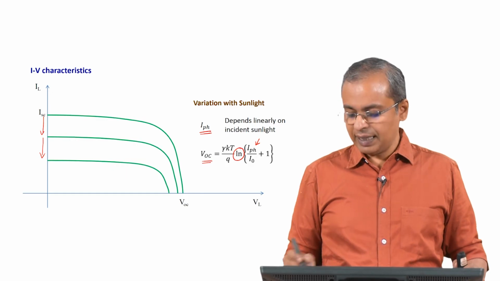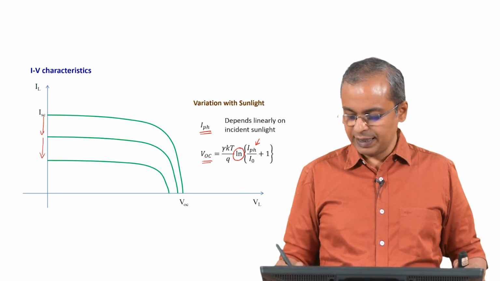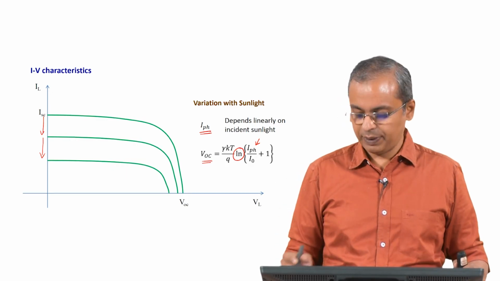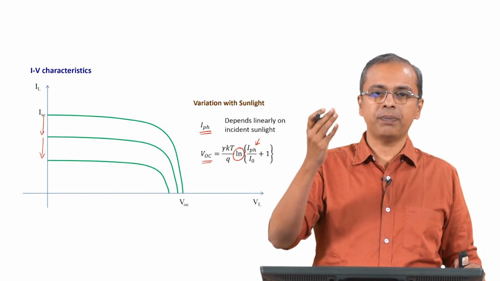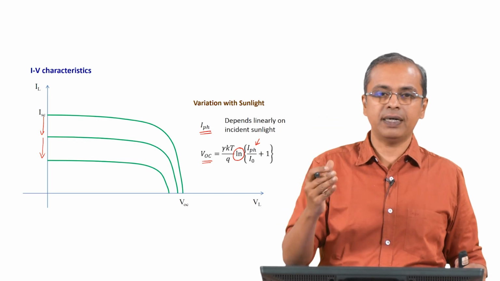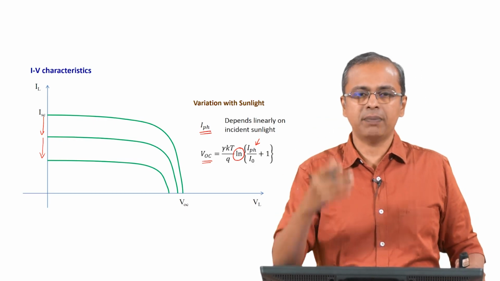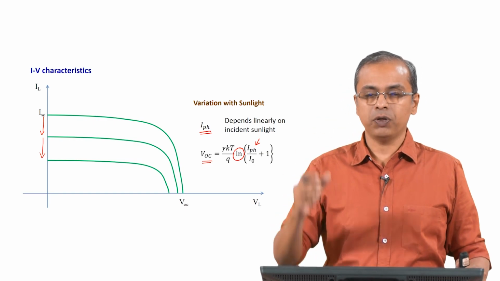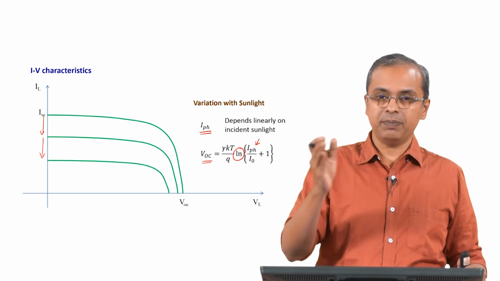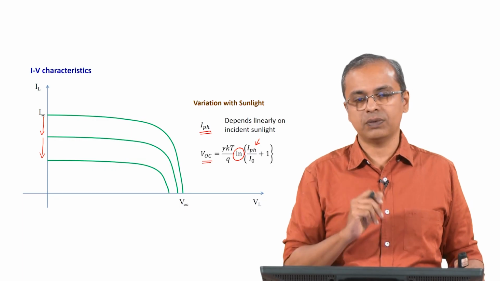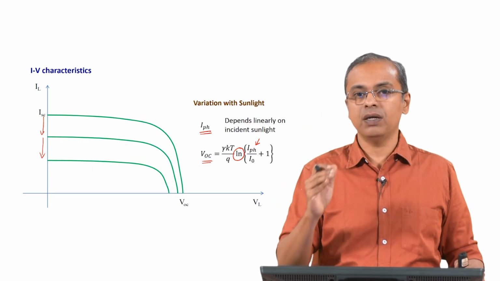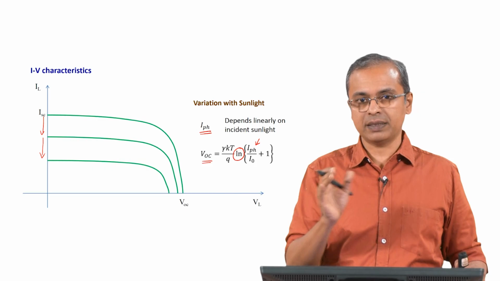Then, just for understanding's sake, let us ignore the 1 for the moment. What this means is, if the current drops by a factor of 100, say it was 100 amps and drops to 1 amp, because you have taken a log, that is basically a change of 2 orders of magnitude, right. So, 2 is what it is. Current changes by 100, voltage changes by 2.